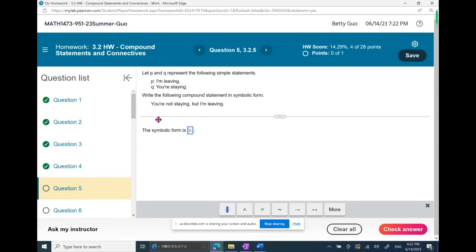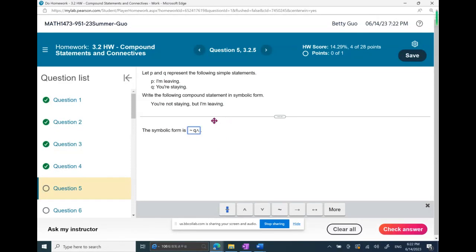The first component is you are not staying. You are staying is Q. You are not staying would be wavy sign Q, or negation of Q. Very good.